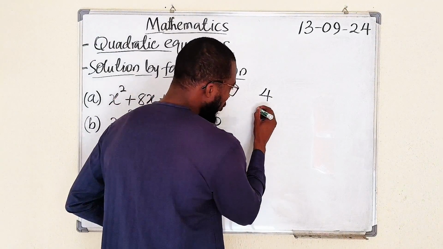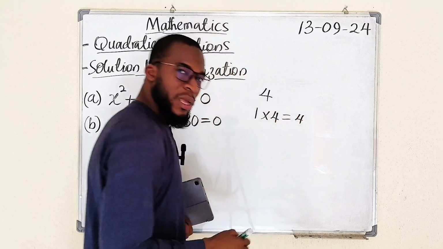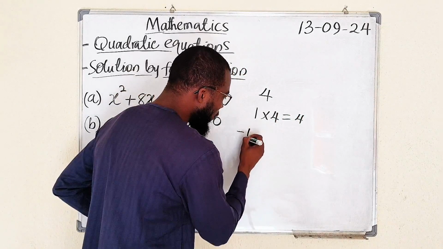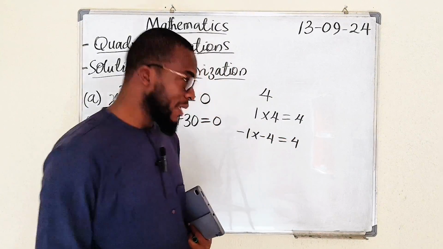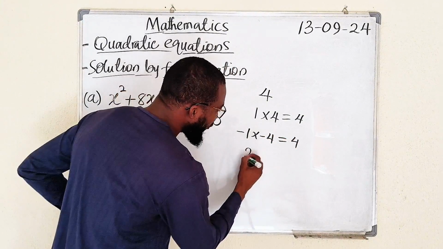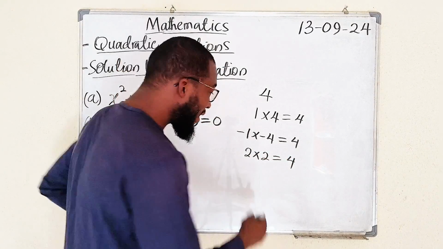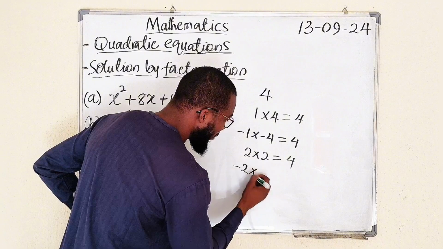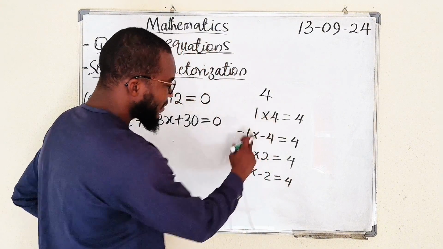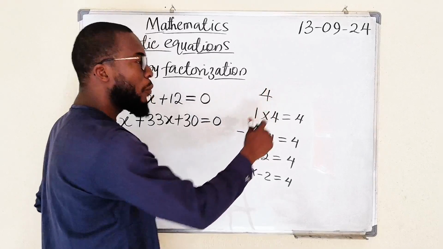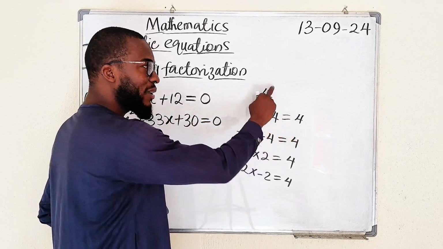I know once I multiply 1 by 4, this will give me 4. And I know if I multiply negative 1 by negative 4, this will also be equal to 4, right? If I multiply 2 by 2, this will give me 4. Same time, if I multiply negative 2 by negative 2, this will give me 4. So all of these are factors of 4. But we need one pair, that is two numbers you can multiply to get 4.